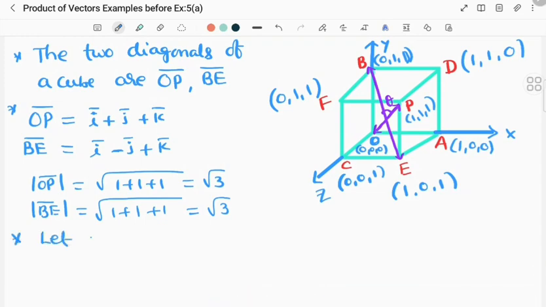Let theta be the angle between the OP and BE diagonals.